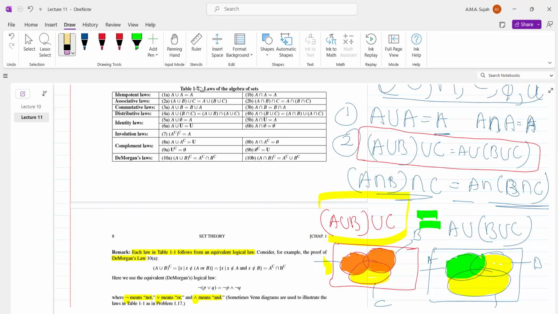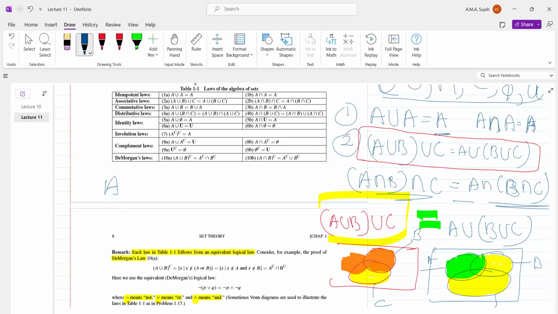Why we are discussing these laws, right? In some situations to solve, you need to use this type of equation to find out the number of elements, right? We will later find out in some questions, we need to find out how many elements in a particular set A. So we can denote it by some symbols. In that situation, you need to use these types of laws, right?